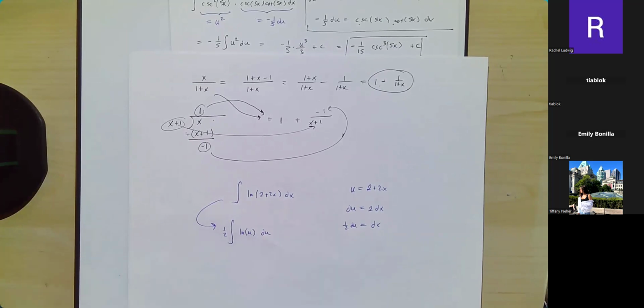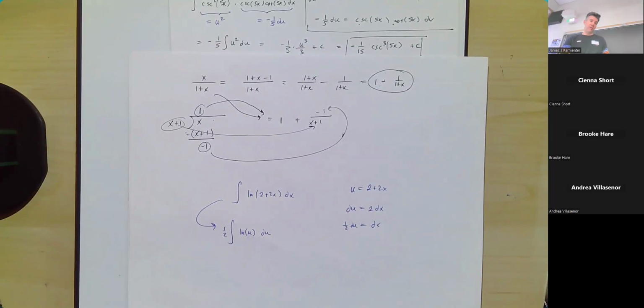But then for that integral, you still have to use integration by parts. It is the only way we have to integrate the natural log of x or the natural log of u. So knowing that I was going to have to use integration by parts anyway, I decided I should just skip the not really super necessary u substitution and get started with the integration by parts. So that's why that's working out.